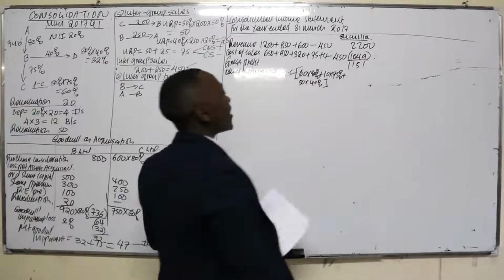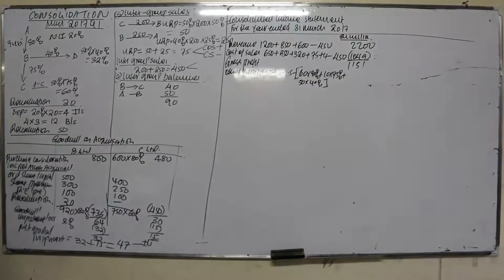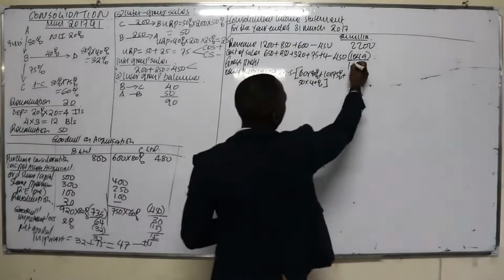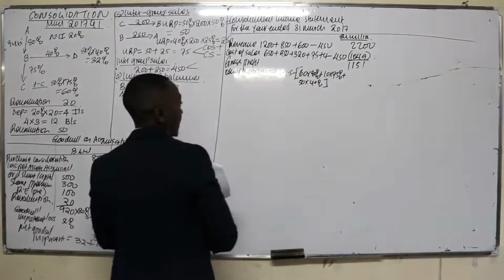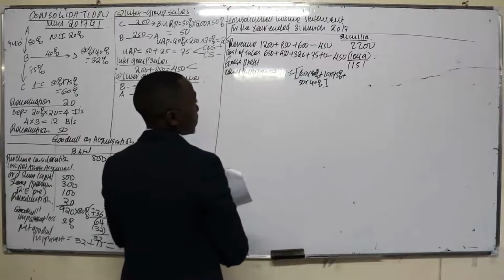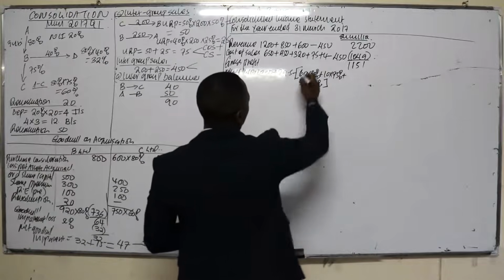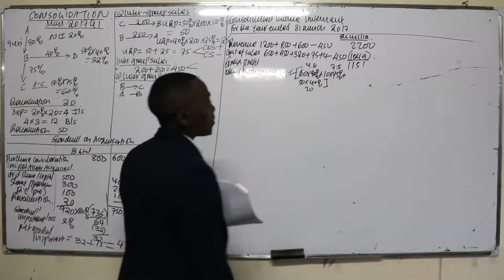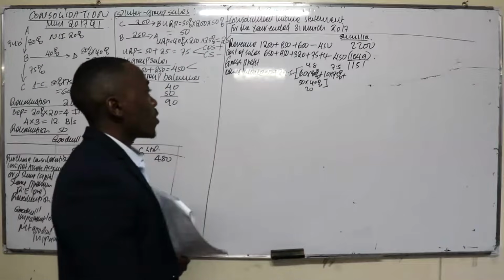Now give me other income not within the group. Get an amount of?